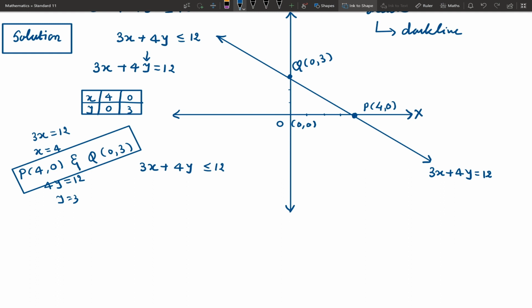If they satisfy the inequality, then the solution portion will contain the origin. Otherwise we have to go to the opposite side. So we put x equal to 0, y equal to 0: 0 less than or equal to 12, which is true.